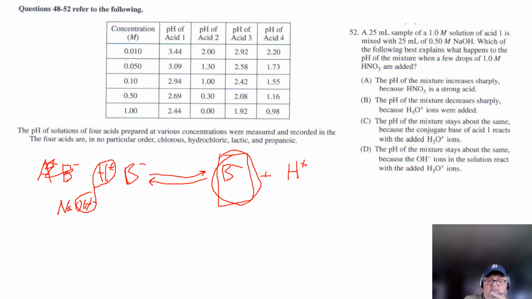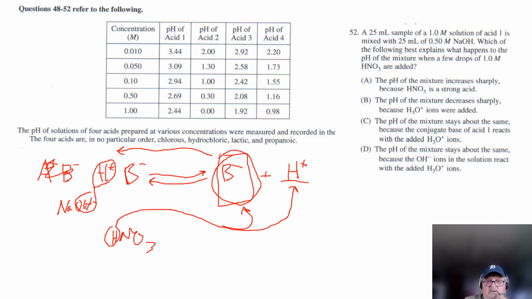So now, what happens when you add the nitric acid? Nitric acid is a strong acid, so H plus will come off. Initially you would think it would increase the amount of H plus, but what happens is that H plus is going to combine with the conjugate base to drive the reaction back in the reverse reaction.